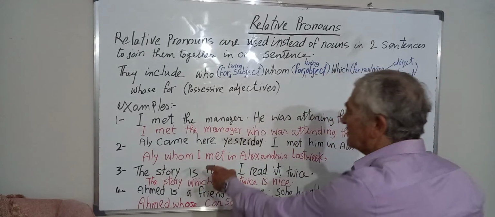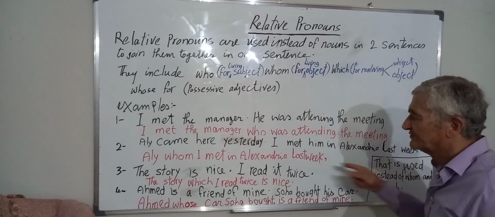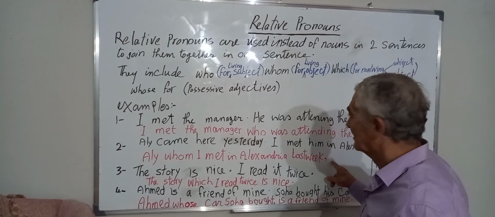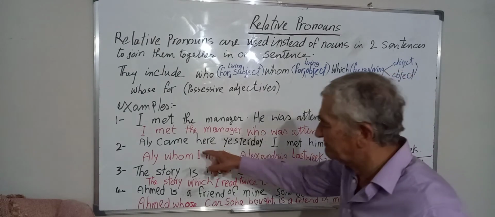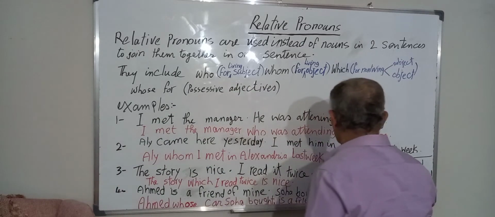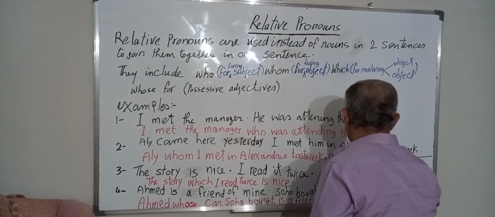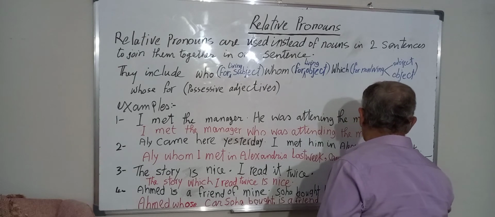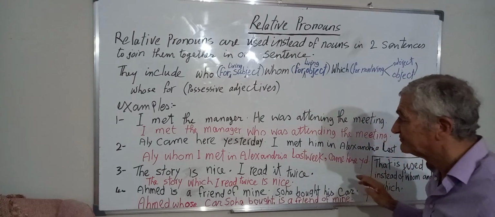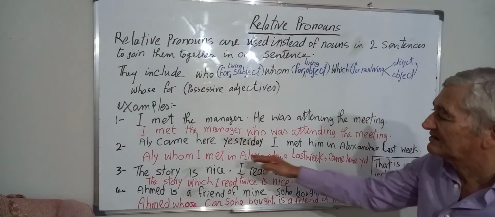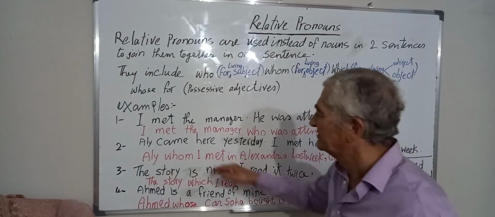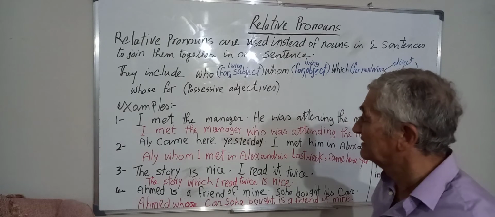Ali, whom, and complete the second sentence: whom I met in Alexandria last week. Came here yesterday. Okay? I complete what is remaining from the first sentence.